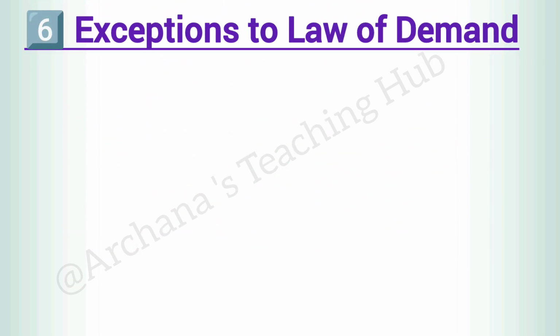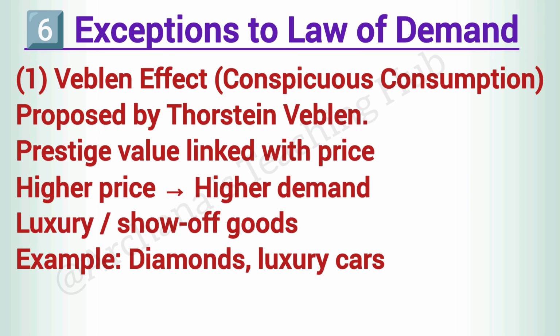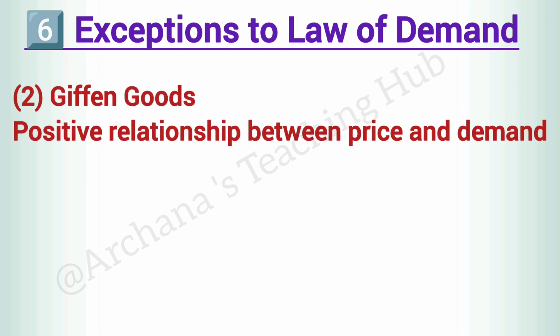Exceptions to law of demand. First, Veblen effect, conspicuous consumption, propounded by Veblen. Prestige value linked with price, higher price, higher demand, luxury show of goods. For example, diamonds, luxury cars, iPhones. Second, Giffen goods.